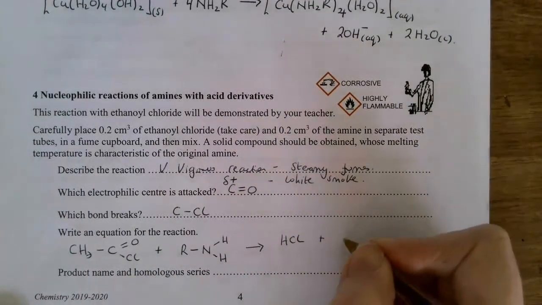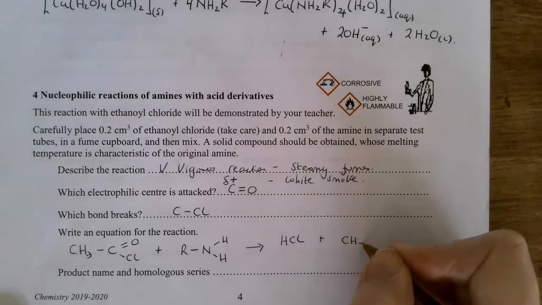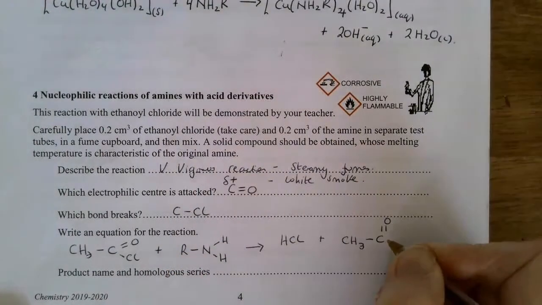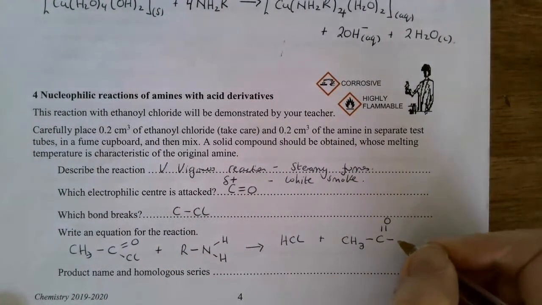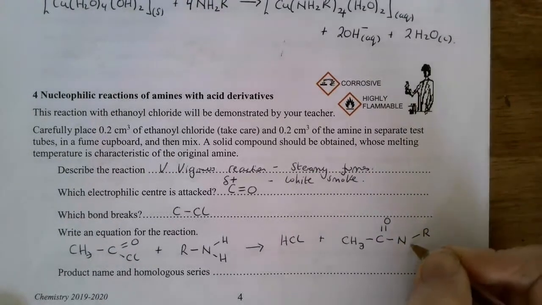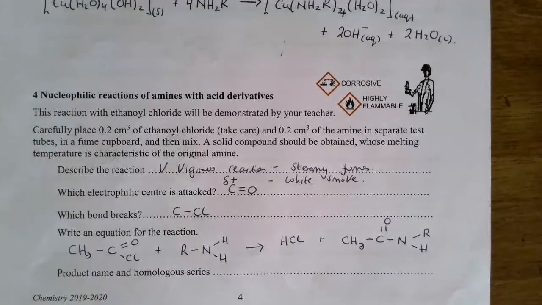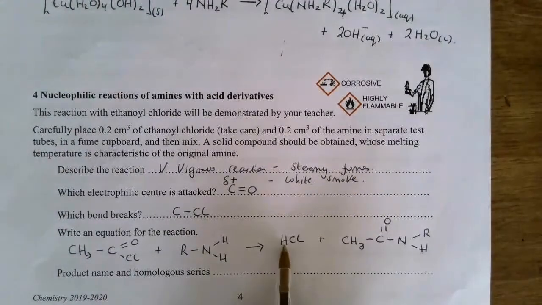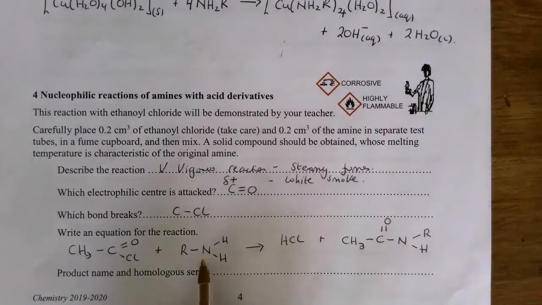And you're going to get left with the CH3C double bond O. This R group is still there. So you've got your nitrogen and your R group, and one of your hydrogens is left. Now, you would have seen the steamy fumes. The white smoke comes from the fact that this HCl will react very rapidly with this amine, and that's why you get those copious amounts of white smoke that you saw.